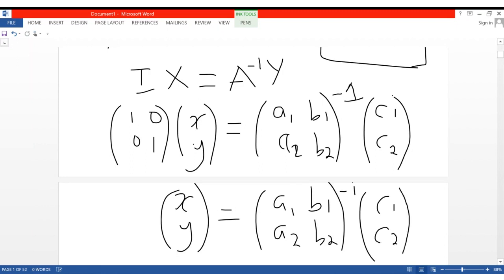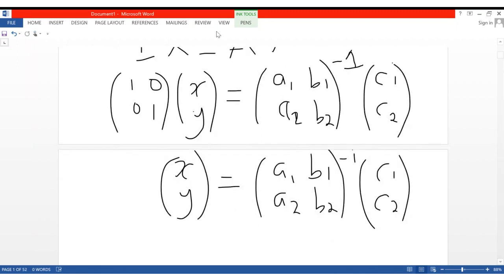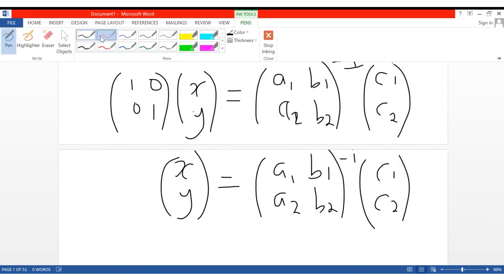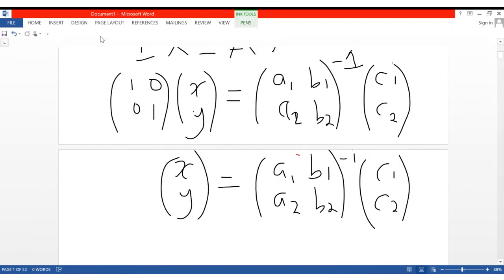So our main task is to get the inverse. We just take the coefficients, get the inverse, and then multiply that with the solution on the right hand side. That's what we shall be doing to obtain the values of x and y.